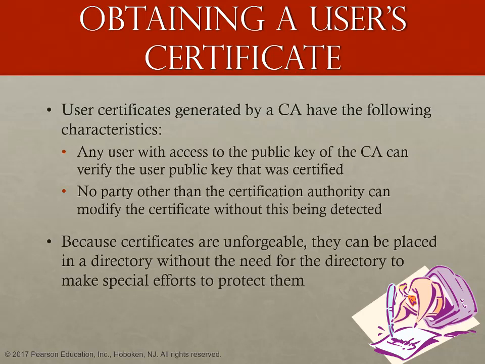If there is a large community of users, it may not be practical for all users to subscribe to the same CA. Because it is the CA that signs certificates, each participating user must have a copy of the CA's own public key to verify signatures.